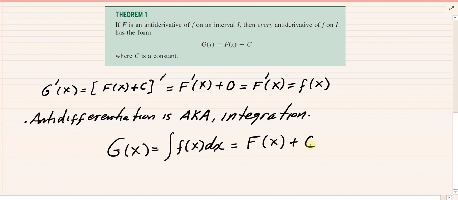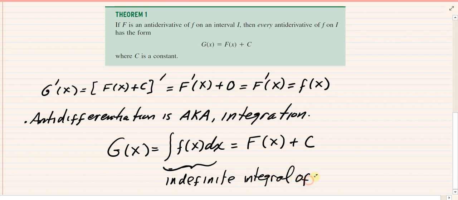Now, how do we read this? We read this as the indefinite integral of f of x. That's how this is read.